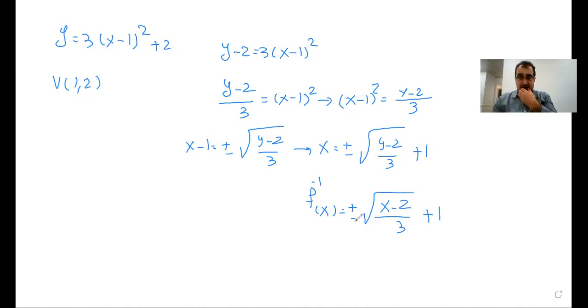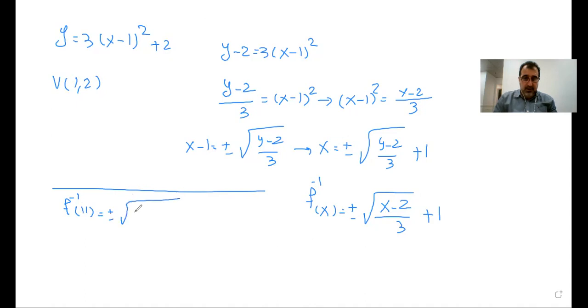For instance, if I evaluate f inverse of 11, plus or minus the square root of (11 minus 2) over 3, plus 1, which is plus or minus the square root of 9 over 3, plus 1, which is 1 plus or minus 3.